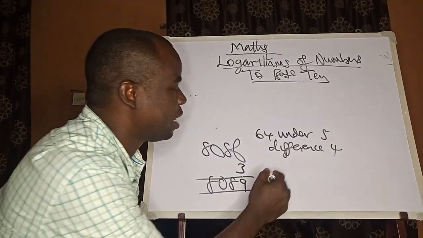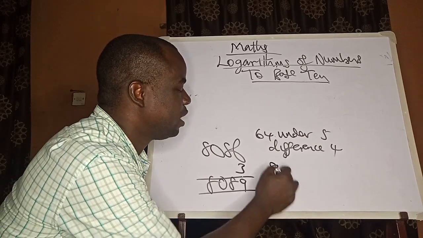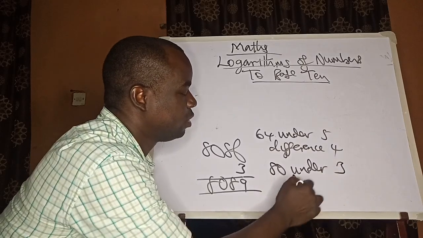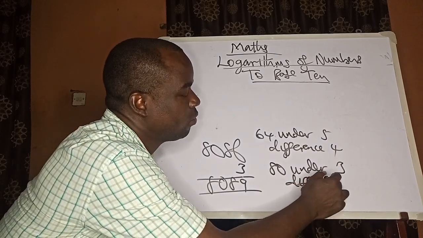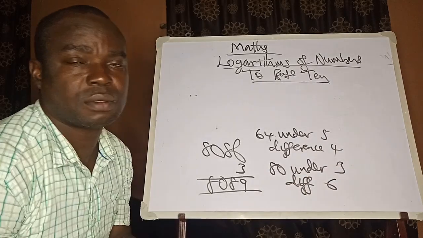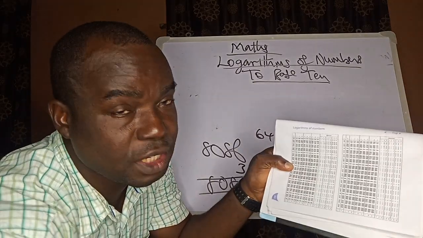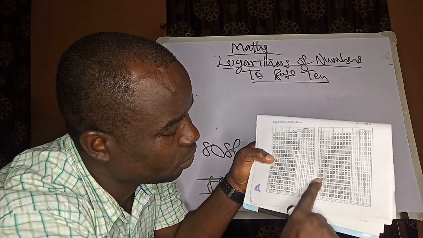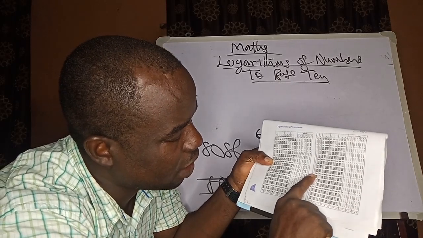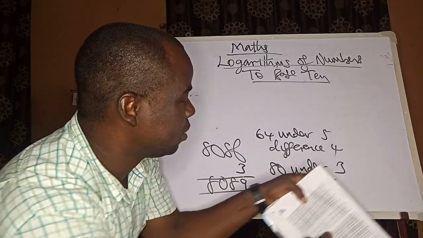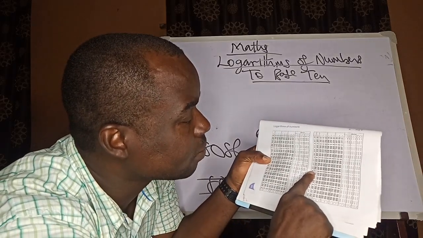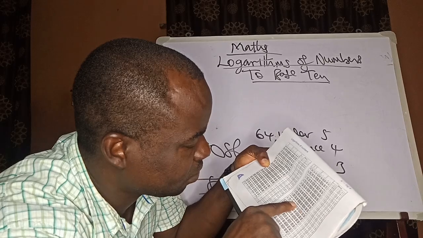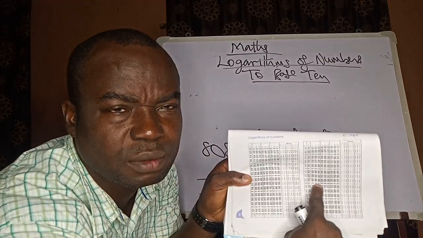Now let us find something like 80 under 3, difference, maybe let's say difference 6. So let's look for 80 now. Check 80 in your table. Under x, trace 80. This is 80 here. Under 3, take it to under 3 here. I have 9047.